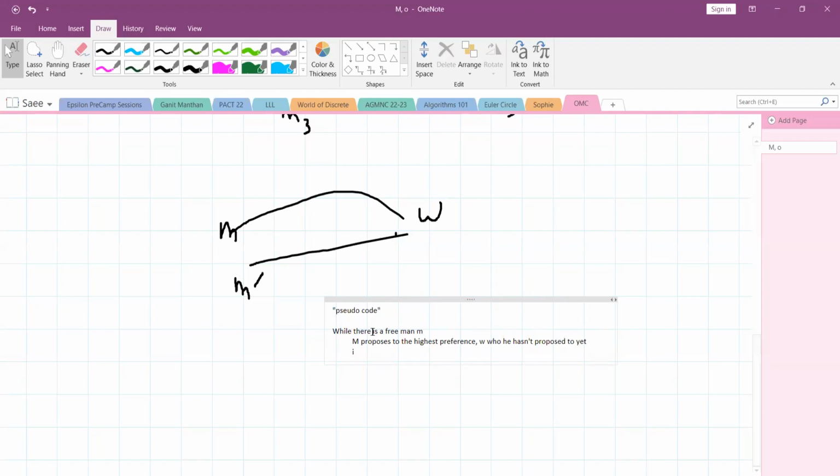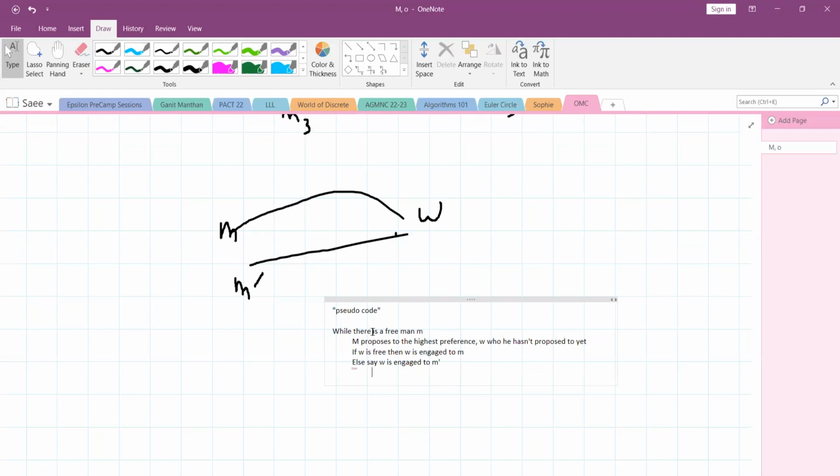If W is free, then W is engaged to M. Otherwise, let's say W is engaged to M prime.